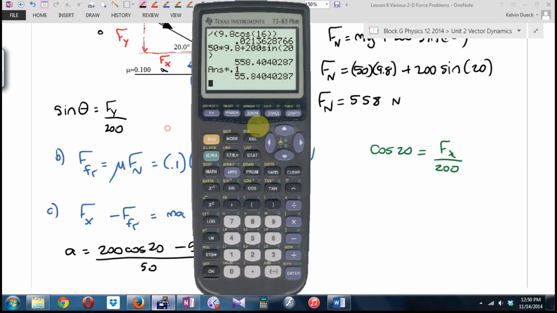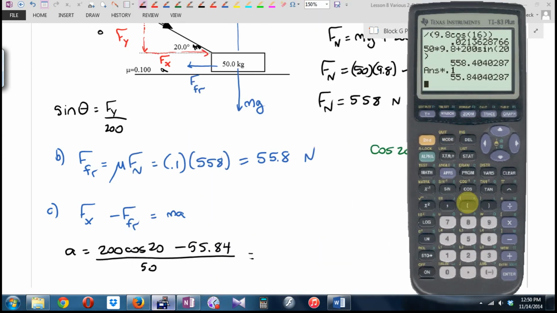So 200 cos 20 minus 55.84 divided by 50. Do y'all get 2.64?